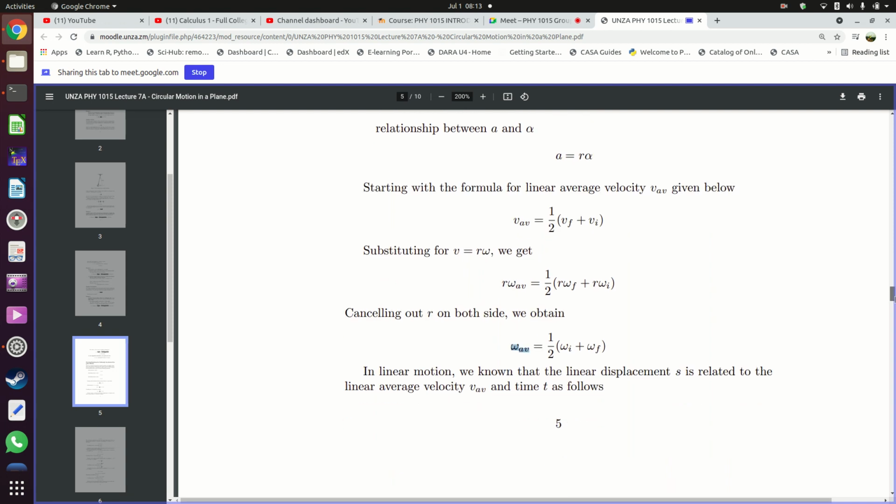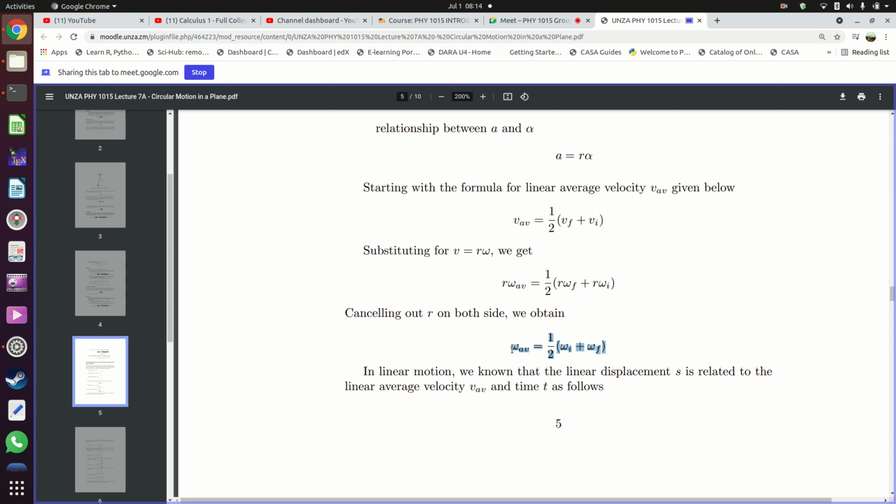This expression gives you a way of working out the average angular velocity in terms of the initial angular velocity and the final angular velocity.